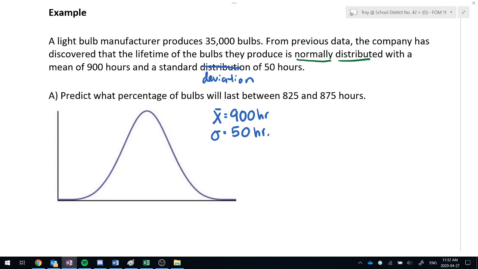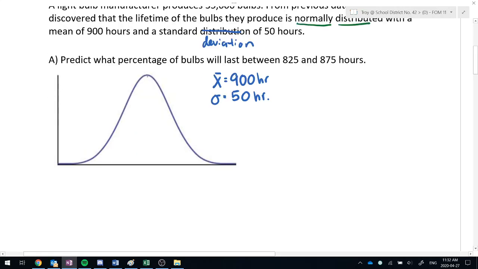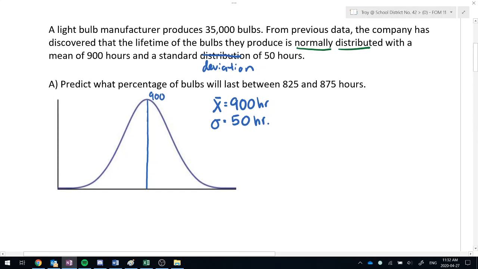Okay, so if we have a mean of 900 here, that's right in the middle, right? And we want to know what percentage of the bulbs will last between 825, so something like this, and 875, something like that.